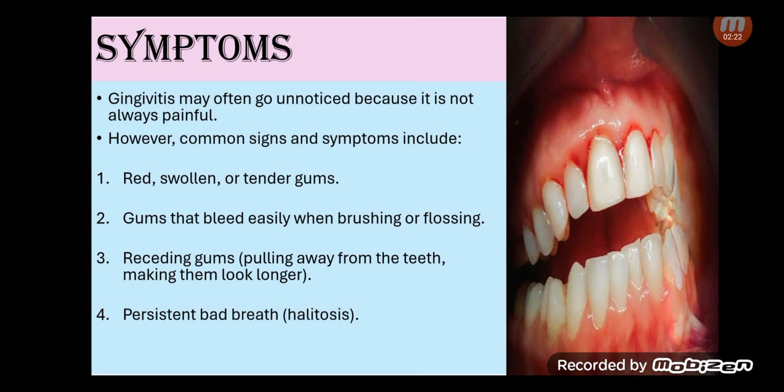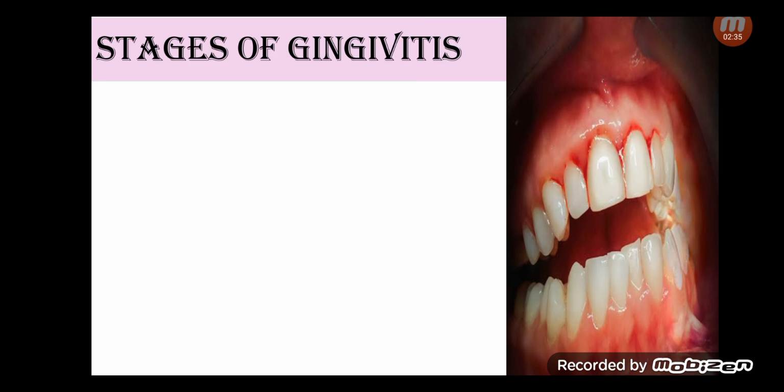Persistent bad breath, also called halitosis, is indicative of gingivitis or some type of bacterial action going on in the mouth. And soft, spongy gums are also a specific presentation of gingivitis.